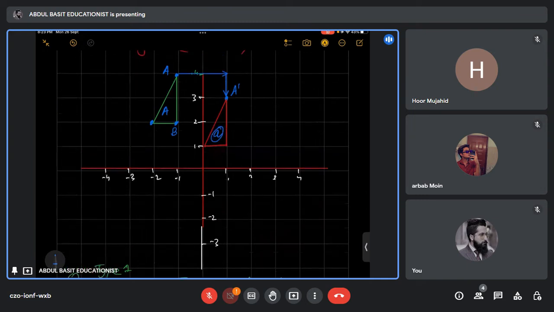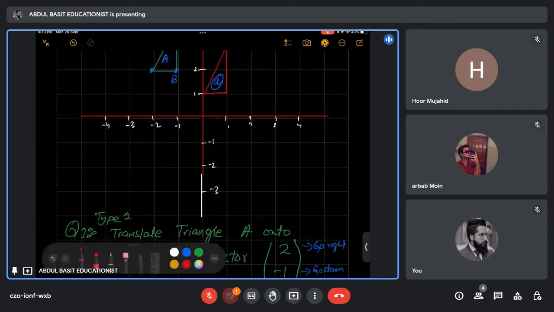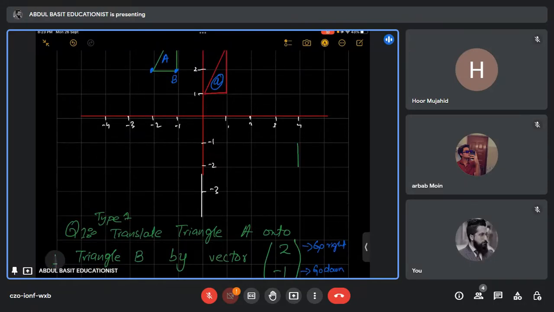Let me make one more triangle here. What can be another type of question? Something like this.